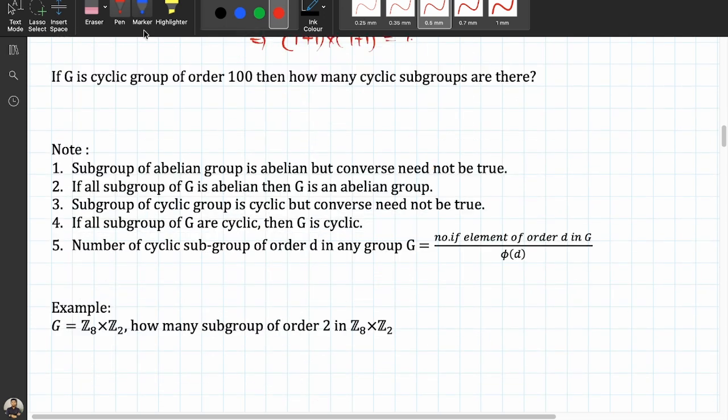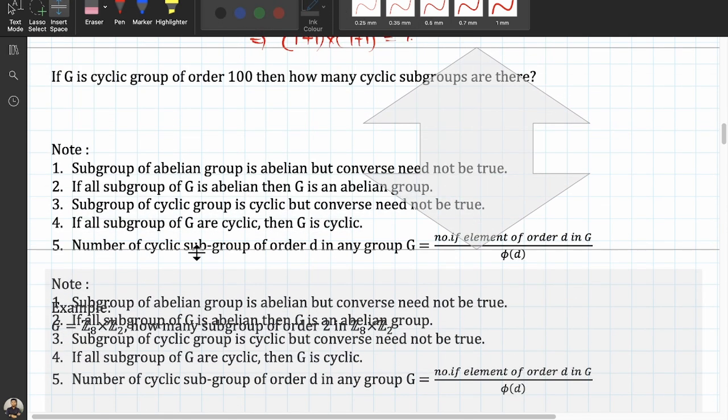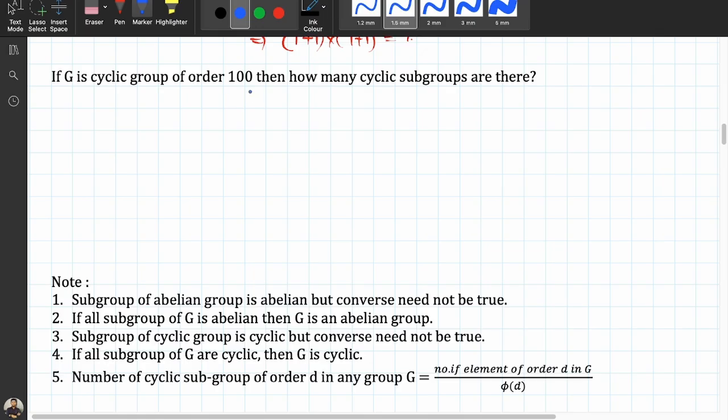Now if a group G is cyclic of order 100, how many cyclic subgroups are there? This is simple. You have Z100, I can take it as equivalent to Z100.